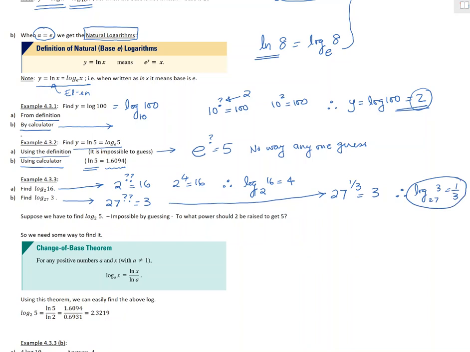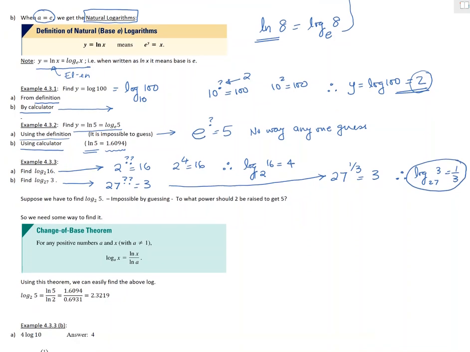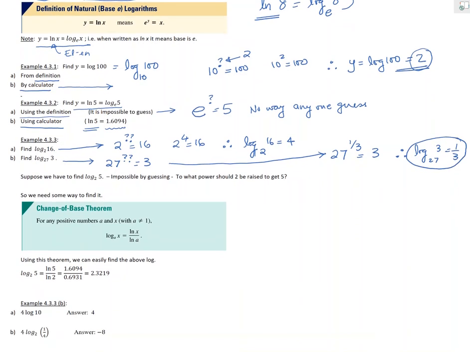But by now you must be noticing that guessing is not going to do too much for us. For example, we could come across log of 5 to the base 2, but this is impossible to guess because what power should 2 be raised to get 5? Nobody can guess that. So there must be some better way of doing it.